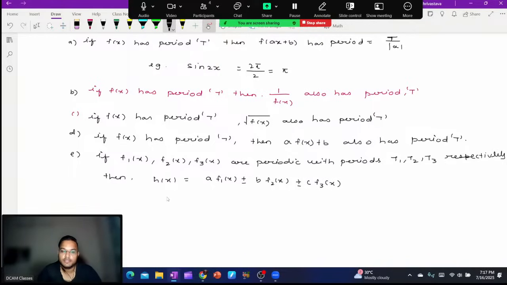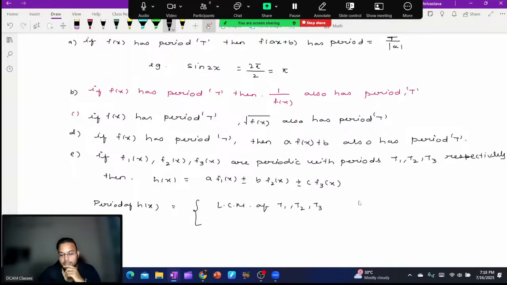The period of h of x is the LCM of T1, T2 and T3.